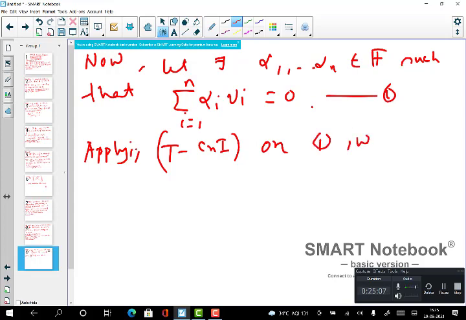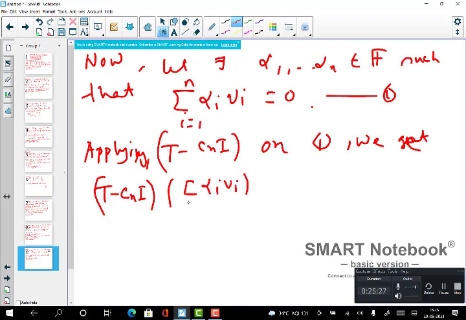Applying this, we get T minus cn I of the sum alpha i vi, i equal to 1 to n, that is 0, right?